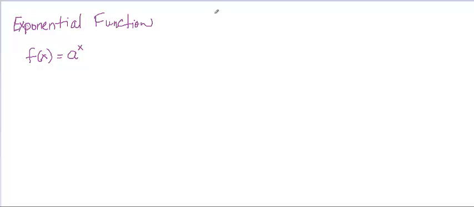Some of the common ways that we use exponentials are in banking problems where we have P e to the rt. This is when your bank compounds continuously. So that's one way.